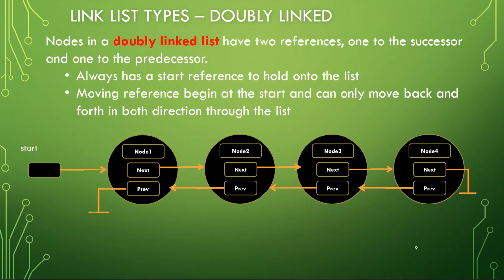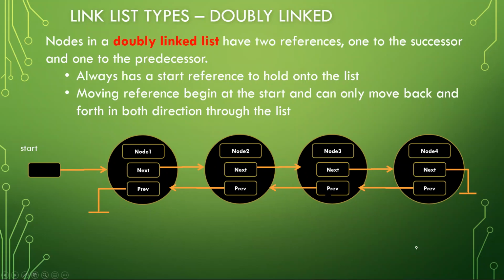And doubly linked lists, which are basically the same as singly linked lists in that you have a start, and you could have an end reference, but here you have two links in each node. One link goes to the next node after it, and one link goes to the previous node. So you have two different object references in the same node. The next references always go to the successor that comes after them.